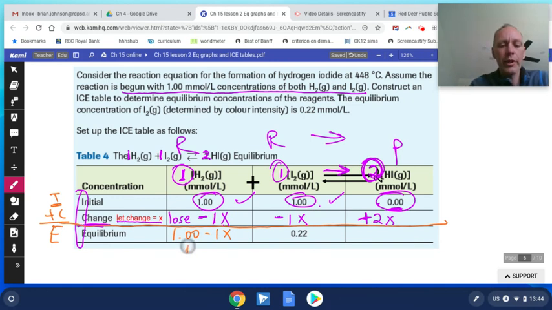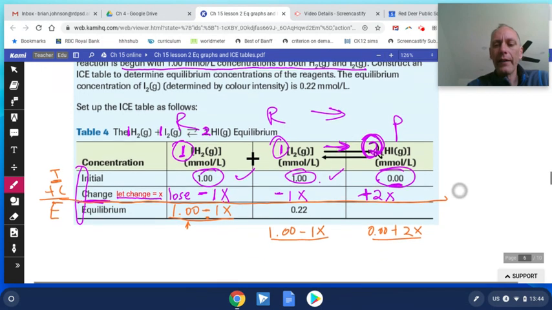We started with 1 and we lost 1x. Here we started with 1 and we lost 1x. Here we started with 0 and we gained 2x. So these represent our 3 equilibrium concentrations, and they all have x in them.